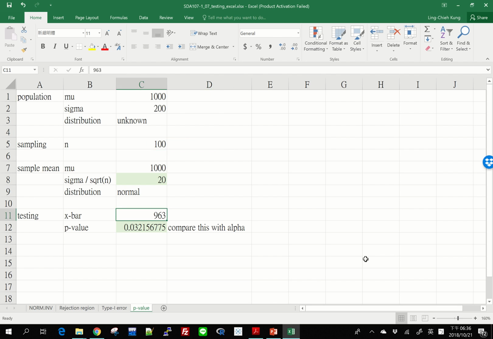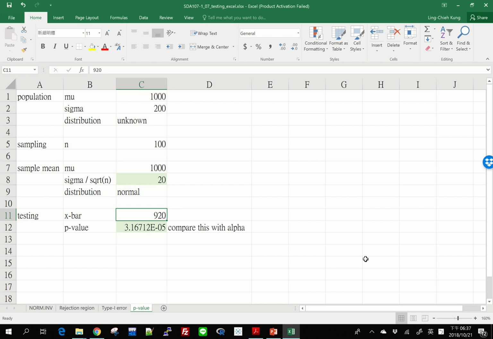If this number is smaller, let's say 920, then this number is so small. What does that mean? If your mean is really 1000, it's almost impossible for you to see this value. Then we somewhat believe the mean cannot be 1000. Okay, so that's the whole idea about p-value.